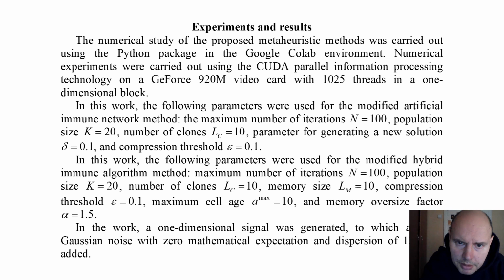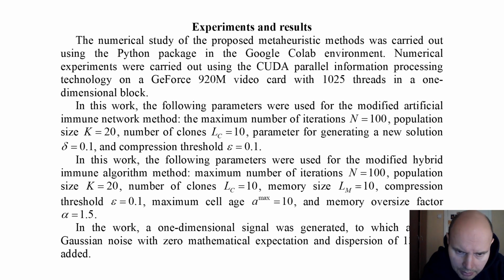In this work, the following parameters were used for the modified artificial immune network method: the maximum number of iterations, population size, number of clones, parameter for generating a new solution, and compression threshold. For the modified hybrid immune algorithm method: maximum number of iterations, population size, number of clones, memory size, compression threshold, maximum cell age, and memory oversize factor.